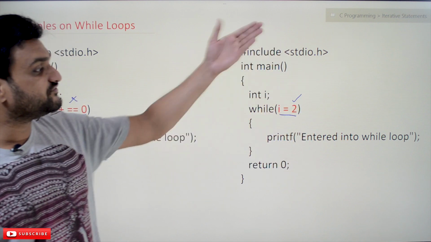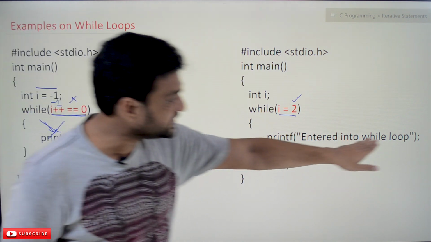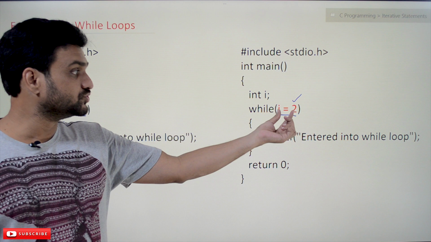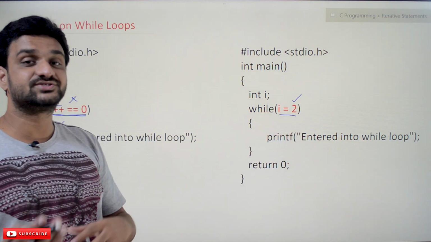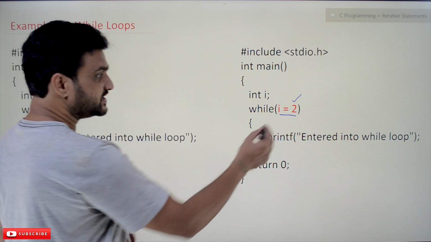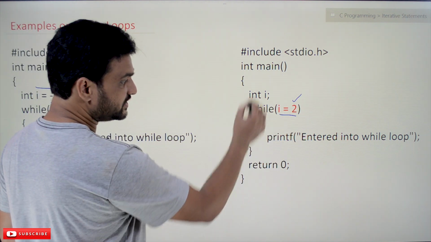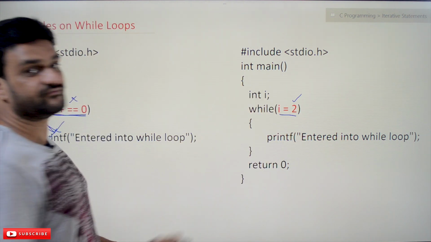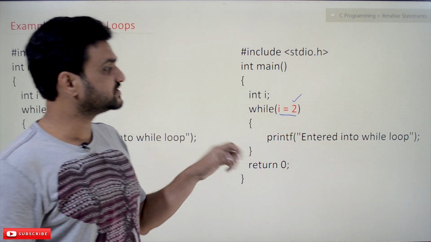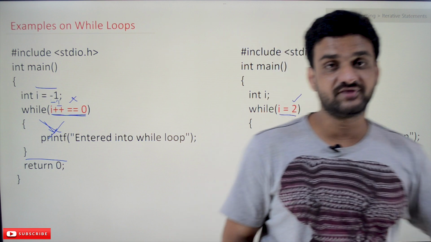So this is an infinite loop, and this printf will be printed infinitely because the value is true. Other than 0, everything is considered as true, and it is never going to become false. This is how things work in while loops.